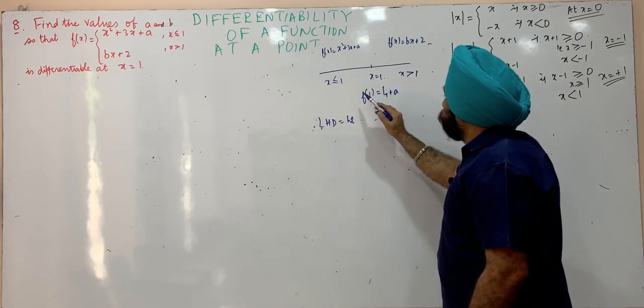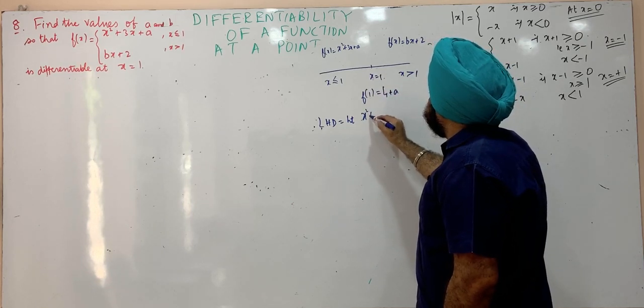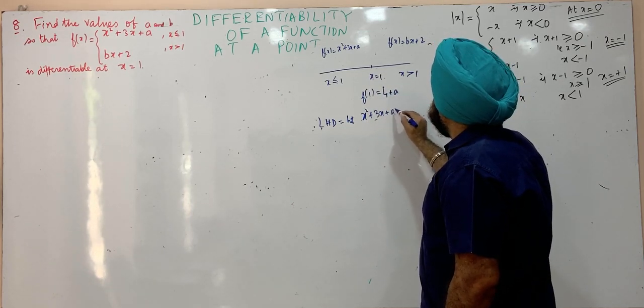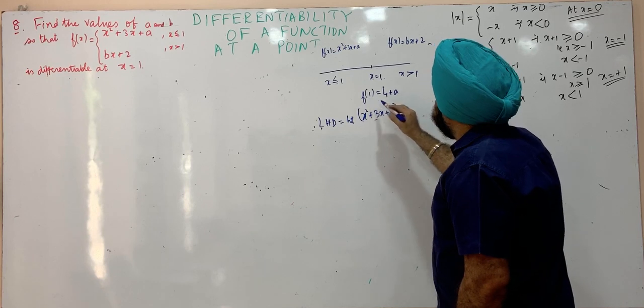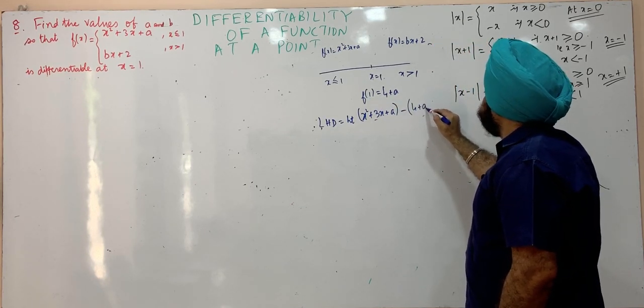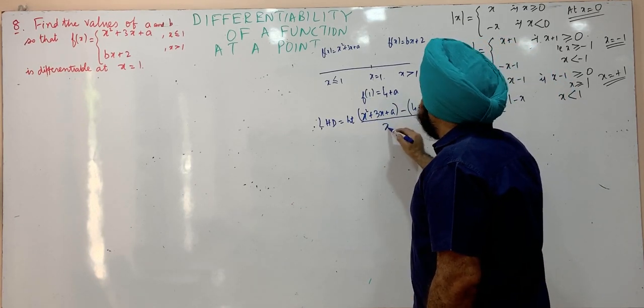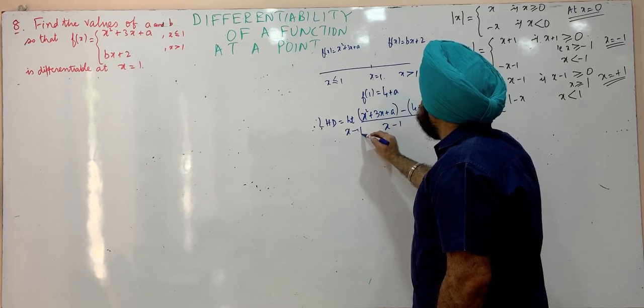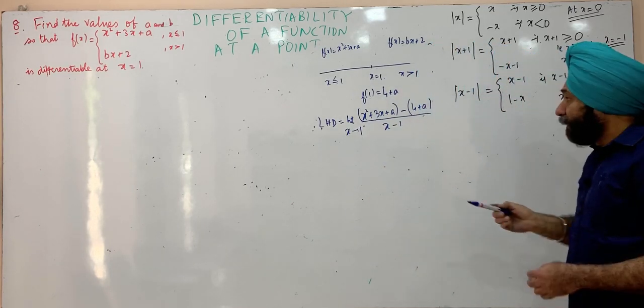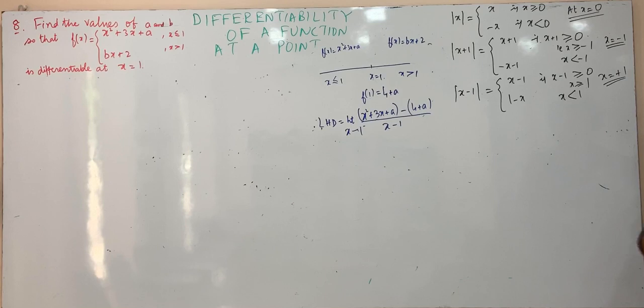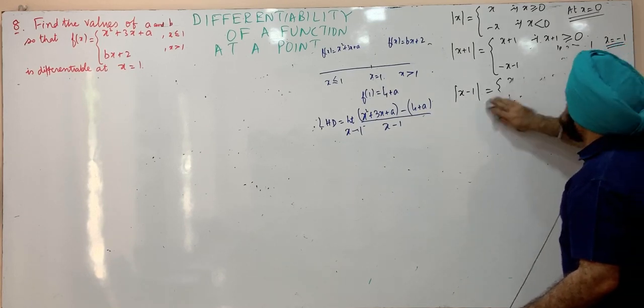It's limit of f of x, that's x square plus 3x plus a, minus f of 1, that's 4 plus a, upon x minus 1 as x approaches 1 minus. We find out this limit, and this limit is left hand derivative.